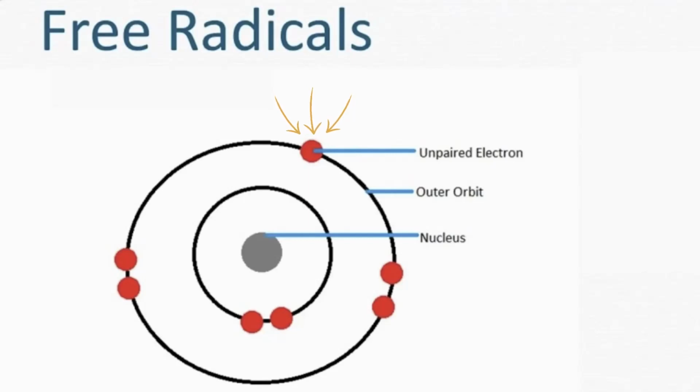And free radicals can be endogenous, which means they were produced in the body as a result of maybe normal metabolic processes, or they can be exogenous, coming from external sources such as exposure to, let's say, tobacco smoke or UV radiation. If you're still confused, don't worry. You don't have to be an expert on explaining what exactly a free radical is.